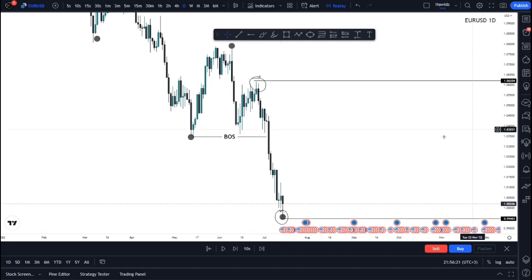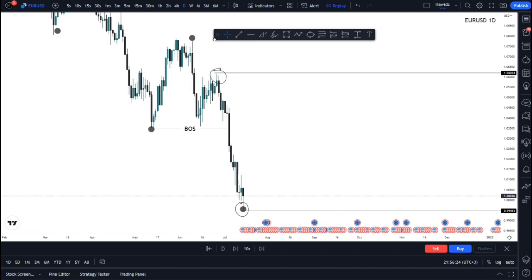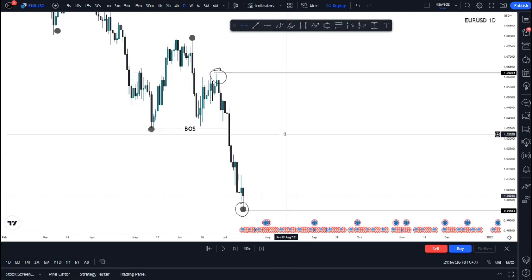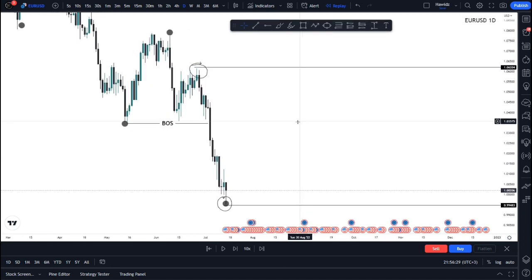So from this range, we need to try to find a good area. Of course, since it's a bearish trend, it's going to be an area of supply. We need to find a good area of supply, which is the last up move before the down move started.